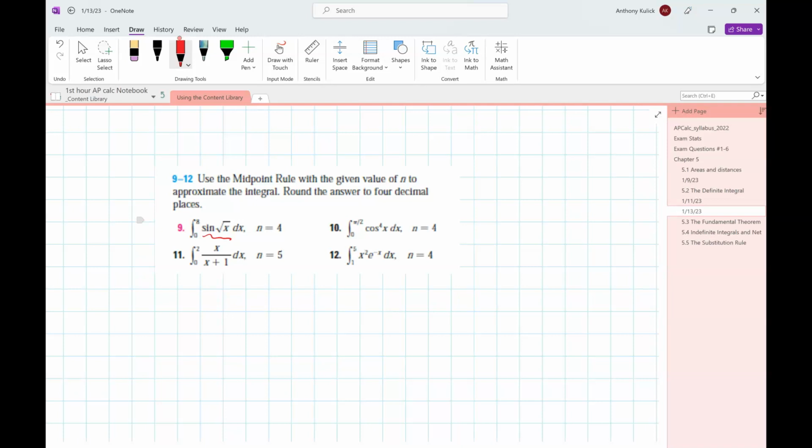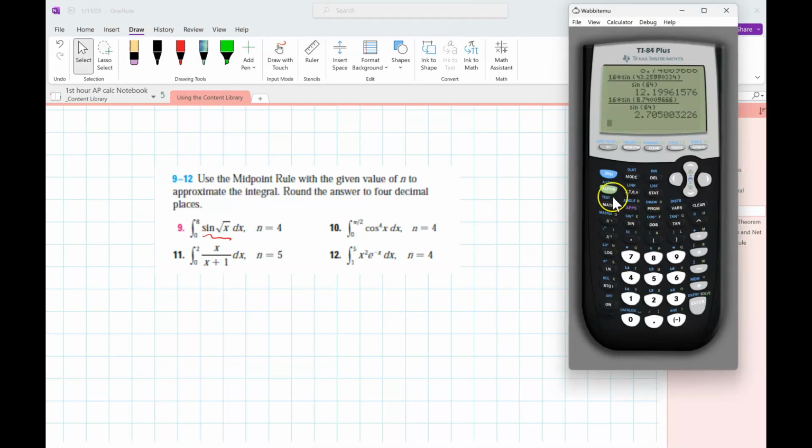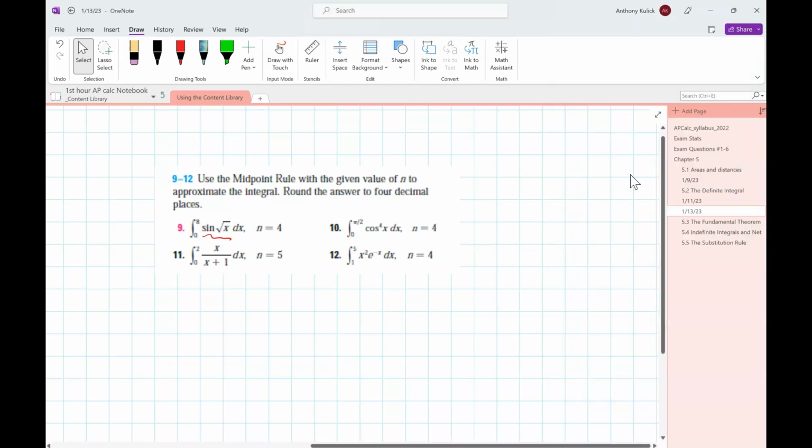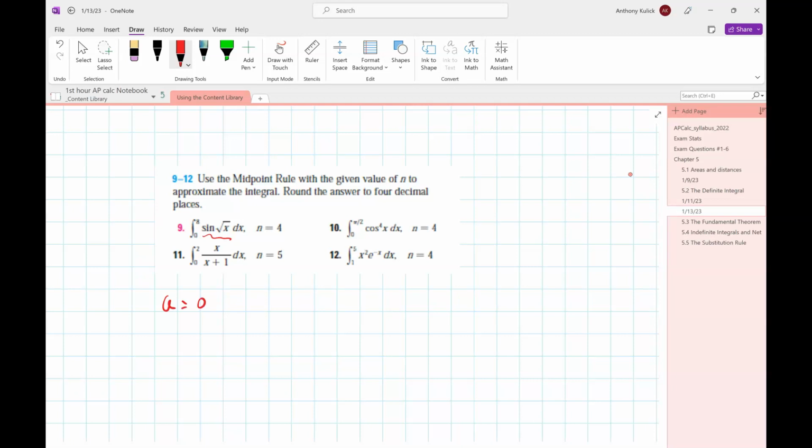So right away, I recognize that this is a calculator problem, and I should make sure my calculator is set up so when it comes time to do it, I don't forget and end up going, oh, that's not right. Okay, so our interval is from 0 to 8.